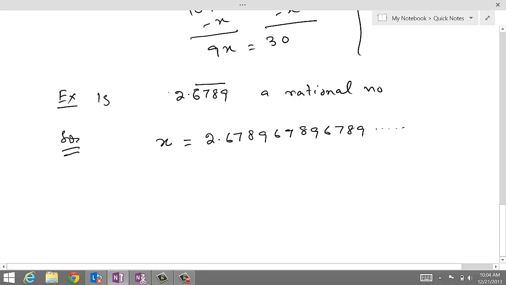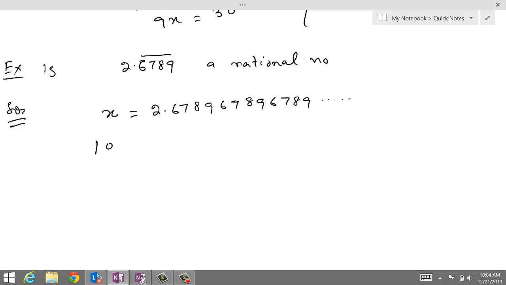The group 6, 7, 8, 9 is repeating, and the bar is on top of all 4 digits. Like I said before, for 1 repeating digit we multiply by 10, for 2 by 100, for 3 by 1000, and for 4 we multiply by 10,000.